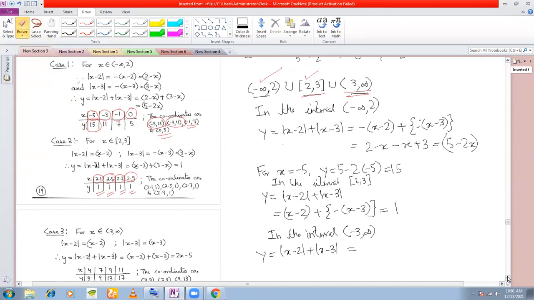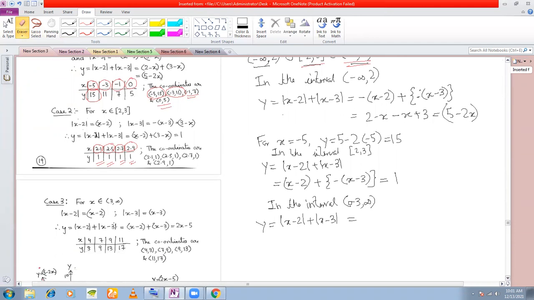So if x lies between 3 and infinity, that is x is greater than 3, then x minus 2 has to be positive. So mod x minus 2 will be x minus 2, and mod x minus 3 will also be positive. So this simplifies to 2x minus 5.